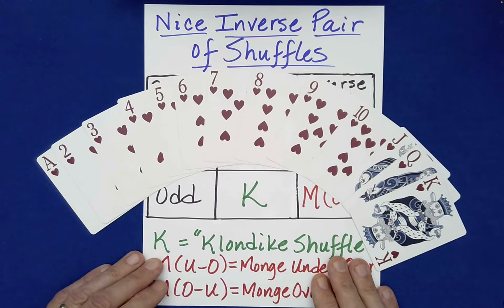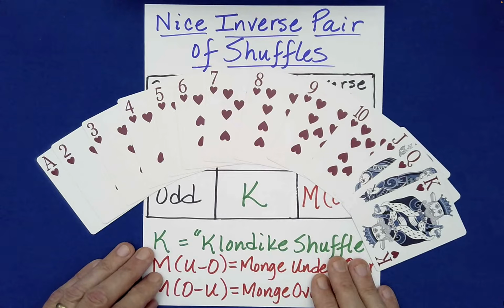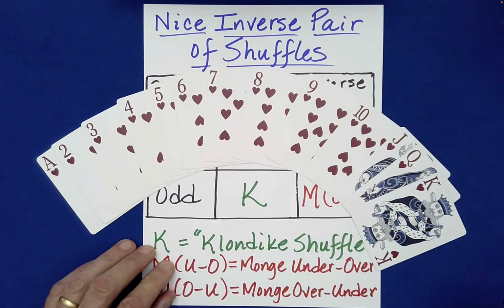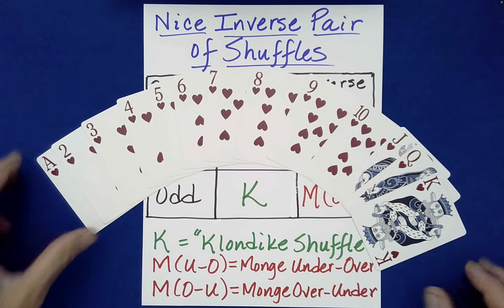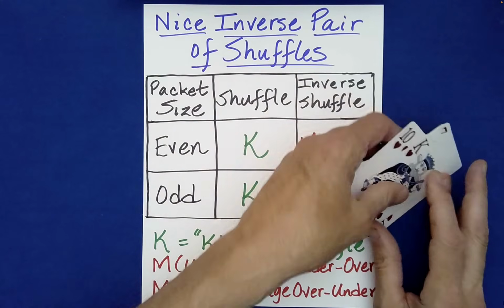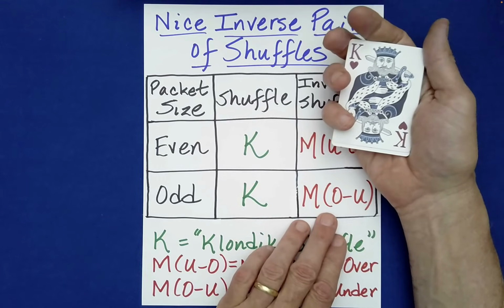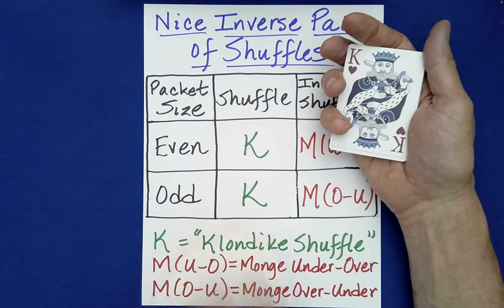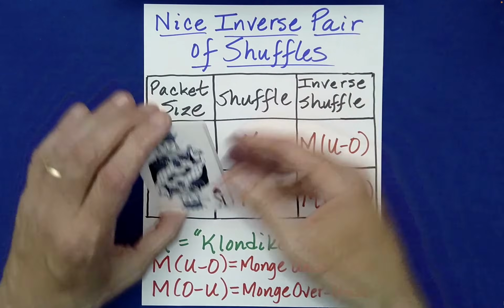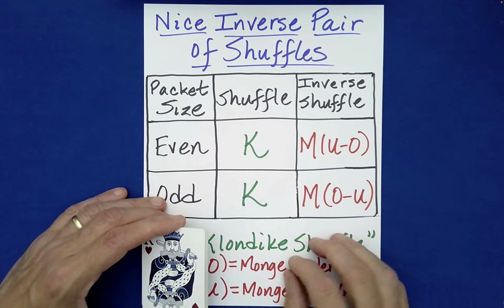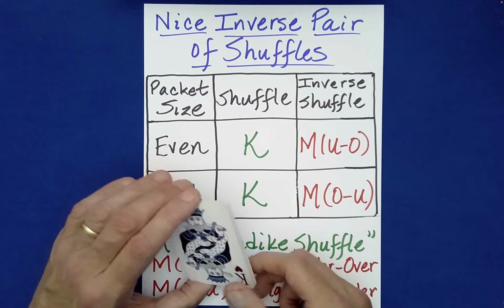This particular pair is one of the few available to us if you're going to stay within the normal repertoire of commonly used shuffles. So that's for an odd size. And as I mentioned, you could perform this one first and then the Klondike. That would be just fine. There's just countless ways that you could take advantage of this knowledge. There really is.